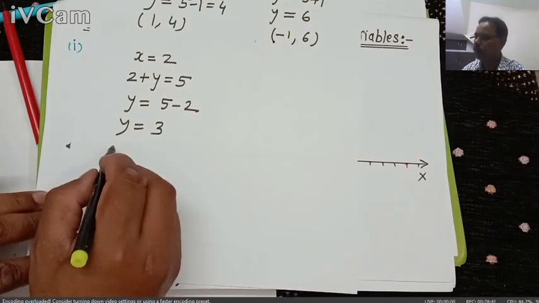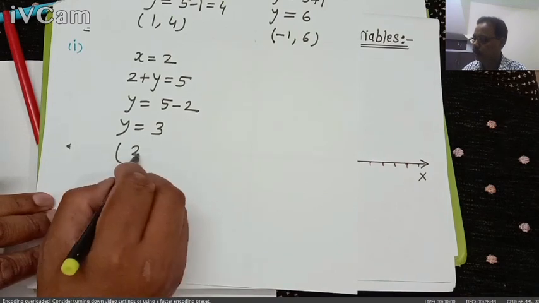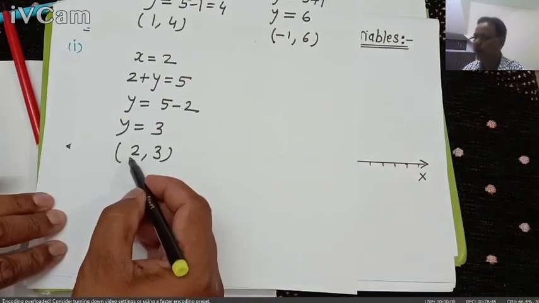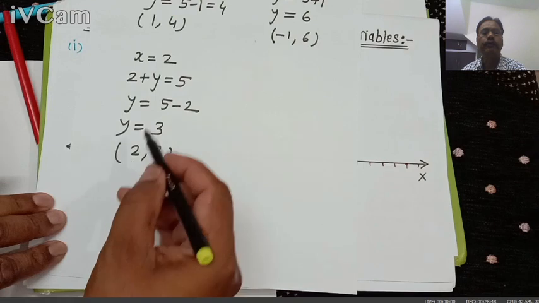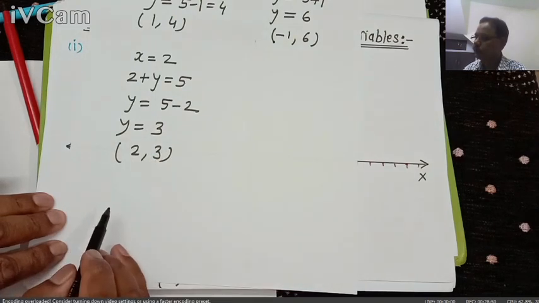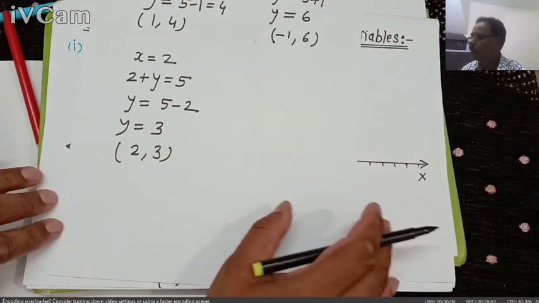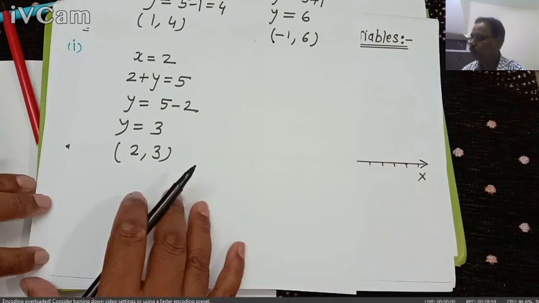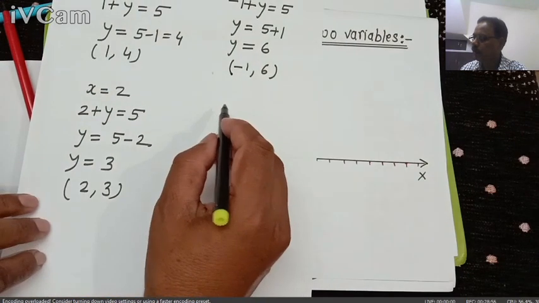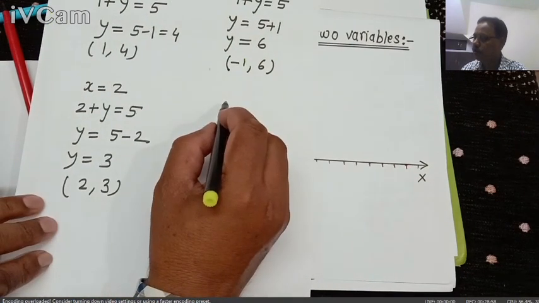So our solution is (2, 3). First we write the value of x, then the value of y. So the third solution we have got. Now I am going to find out the last solution, that is the fourth solution.